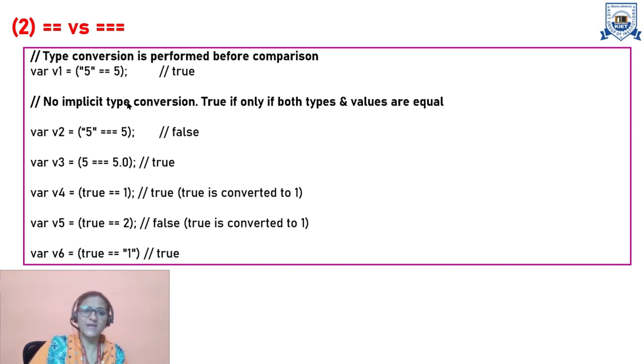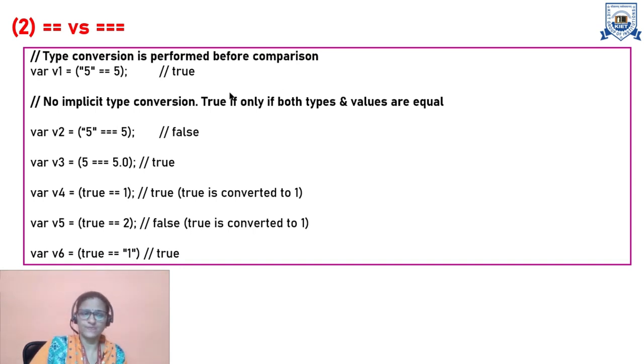And if they contain the same value, it will show true. In this case, it is a string 5 and a numeric 5. So this double equal to is clever, it makes the type conversion automatically and then matches.